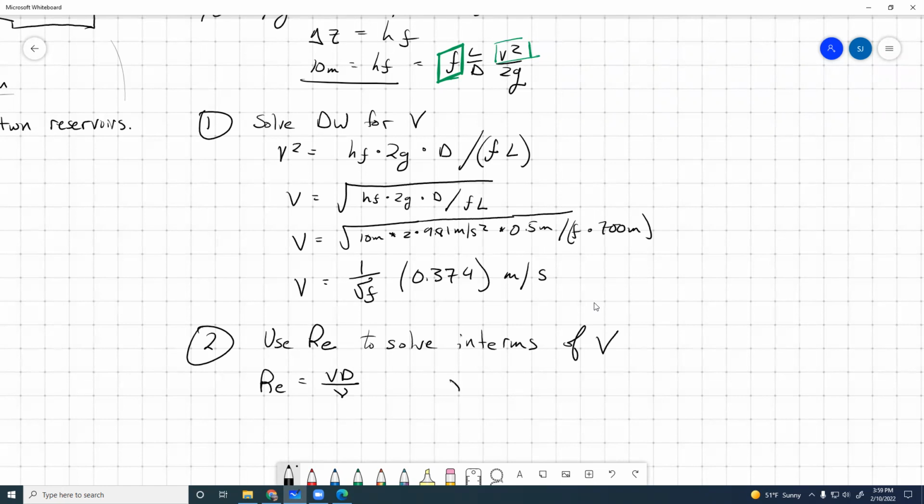We'll just give you the kinematic viscosity, 1.00 times 10 to the negative 6 meters squared per second. We'll plug our numbers in.